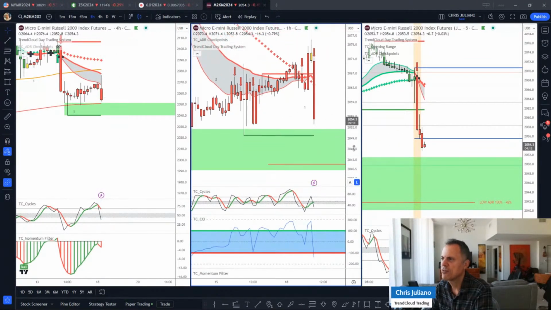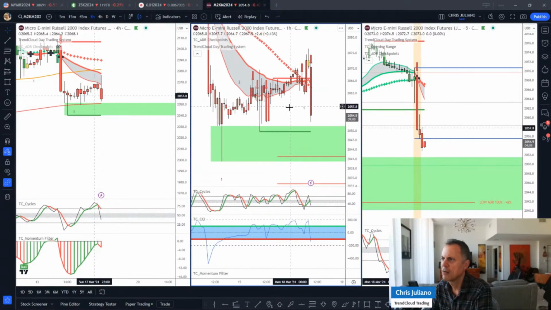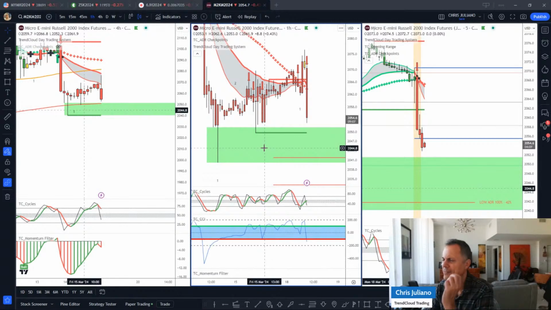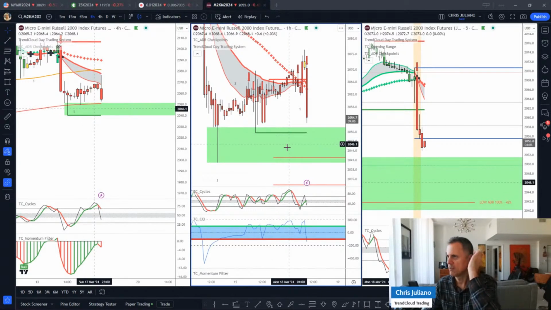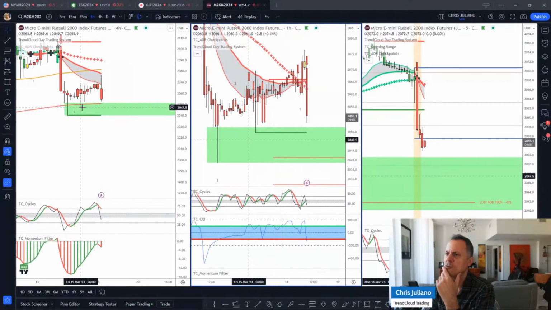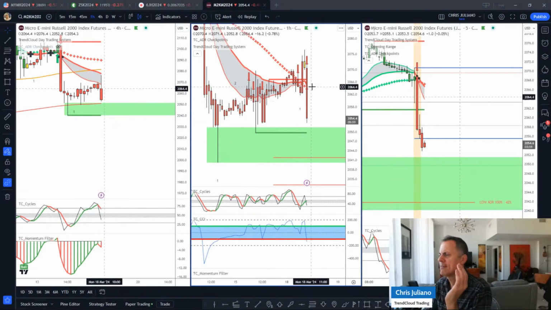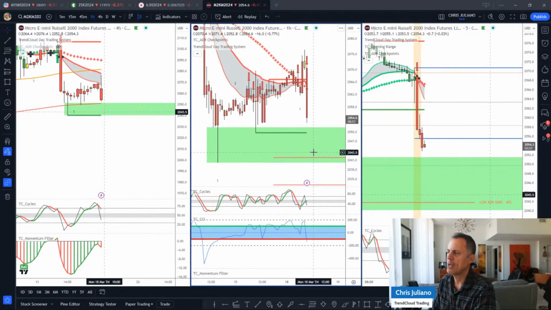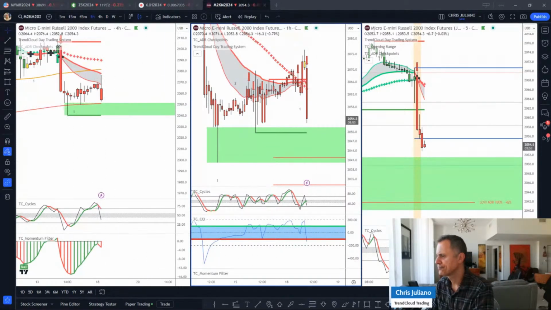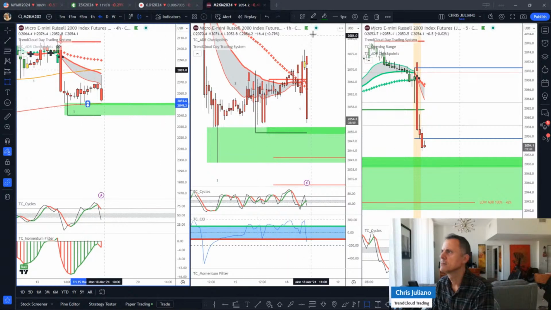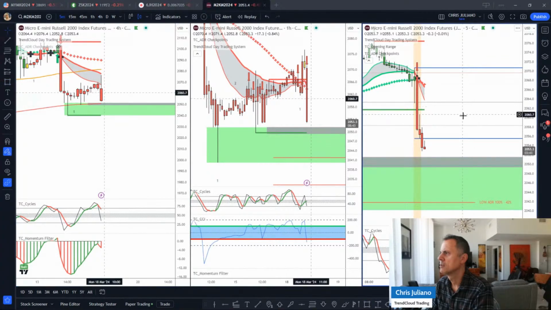So we've got two situations here, right? We've got this 200 simple moving average on the high time frame, and the price is heading towards it, right? There you go. We're heading towards that 200 simple.